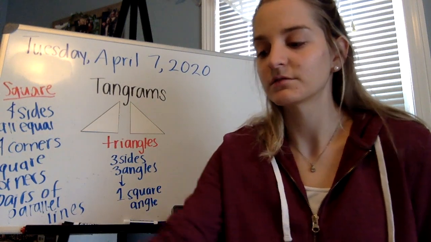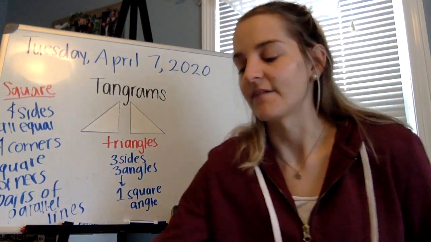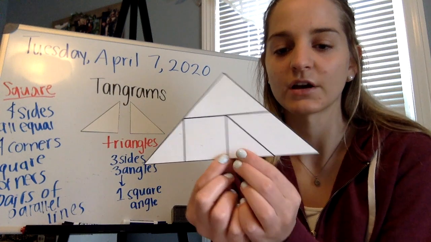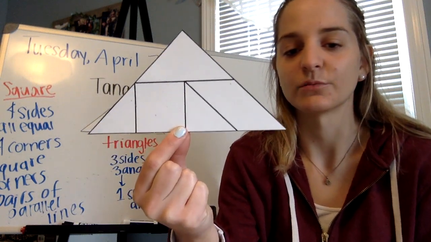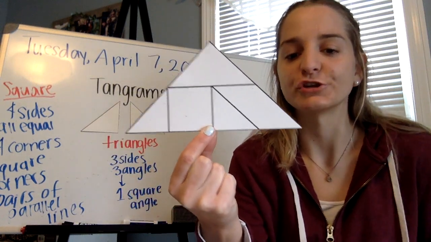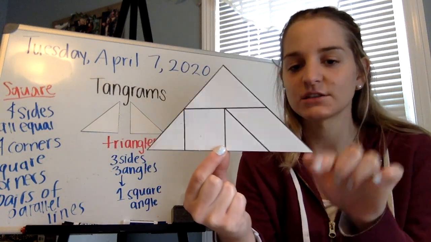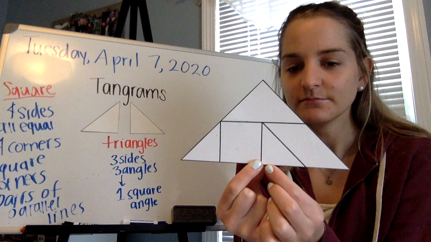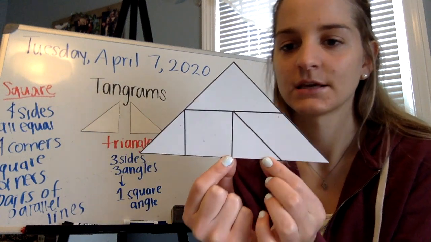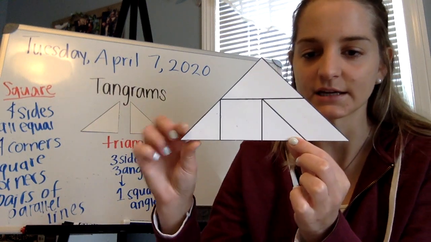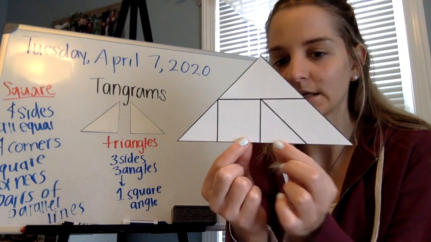Okay, now remember we have this half left. I want you to look at it and think to yourself for a moment, what shapes do you see in this shape? We know this is a triangle again, right? What other shapes do you see? I'm going to give you a couple seconds, okay? And I'm going to tell you what I see.